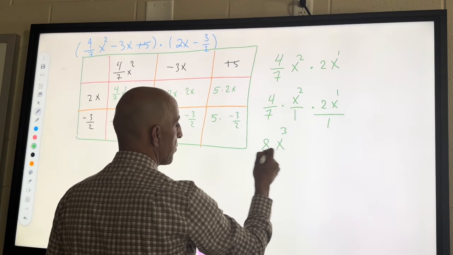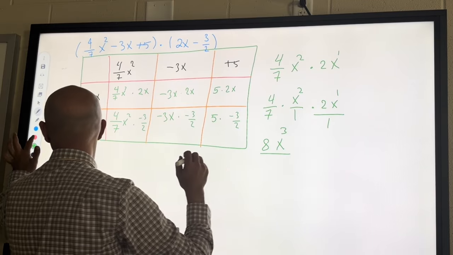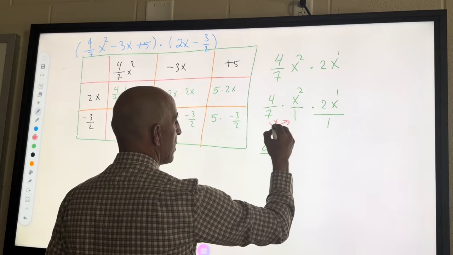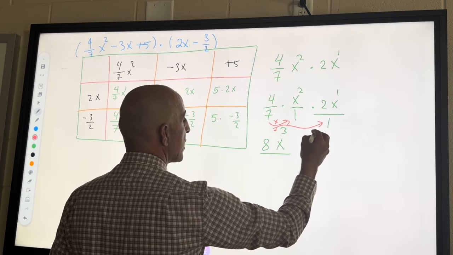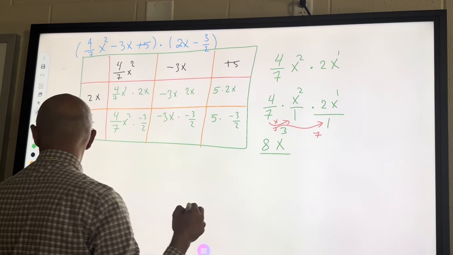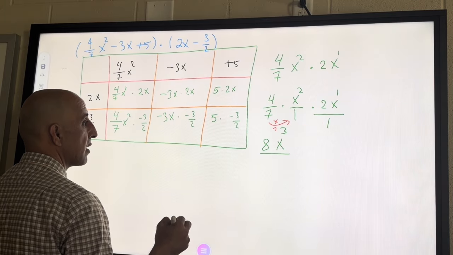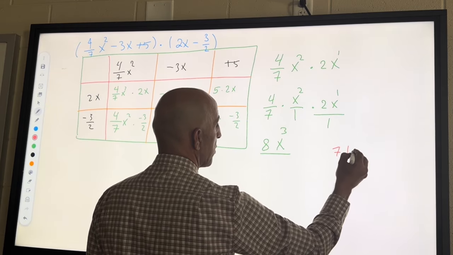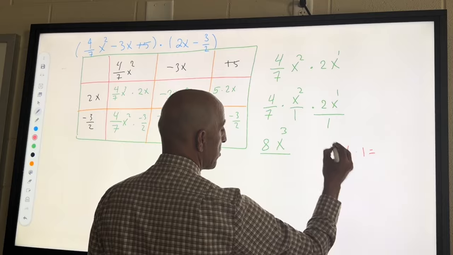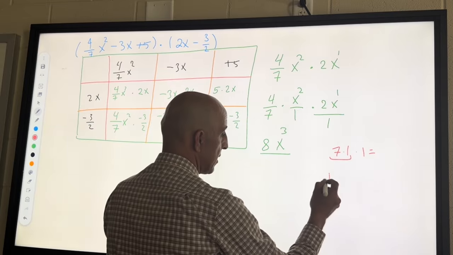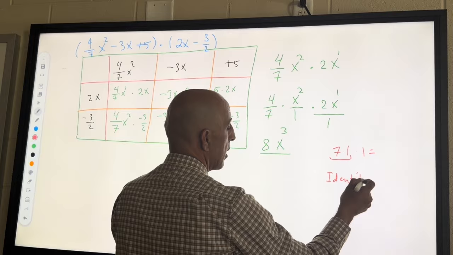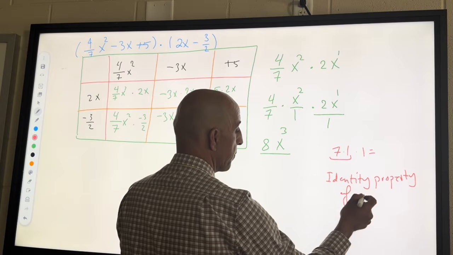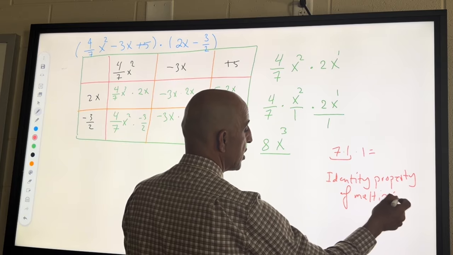Finally, we have now the 7 multiplied by 1, which is 7. If you multiply it by 1, we get also 7, because we have something like this. So first 7 multiplied by 1, then multiplied by 1, 7 multiplied by 1 by the identity property of multiplication.